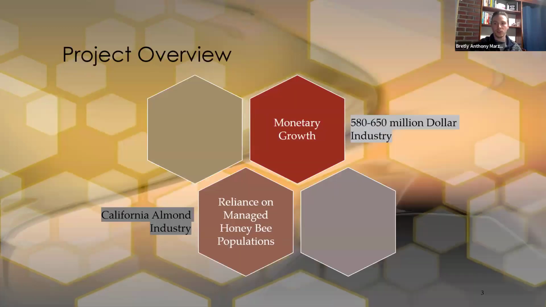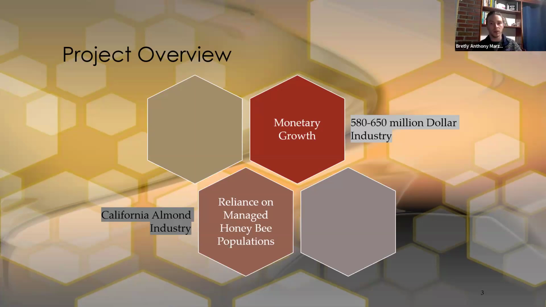So starting to get into a little bit more of the project. My focus was to evaluate the historical trends of managed honeybee colonies in the United States. There's becoming more of a reliance on managed honeybee colonies in the US because of crops like California almonds, which have to be pollinated in order to produce an almond.